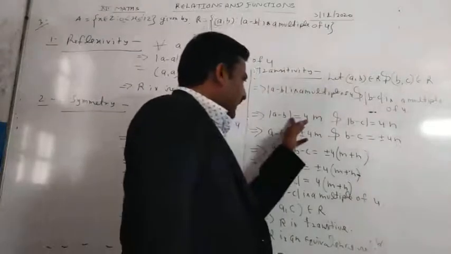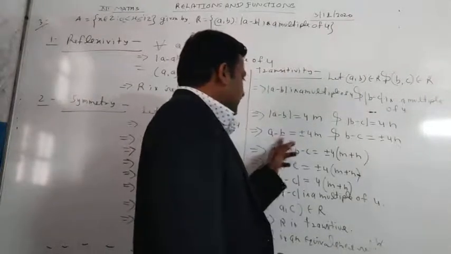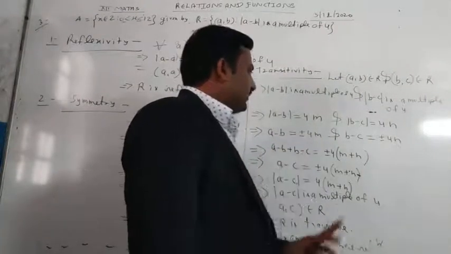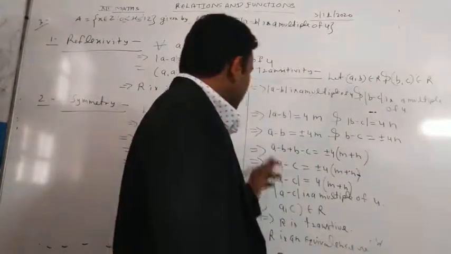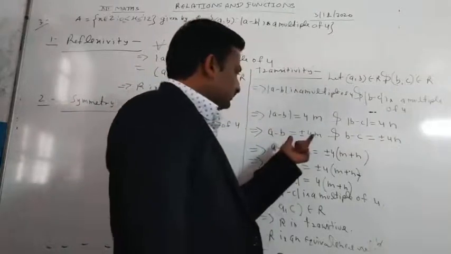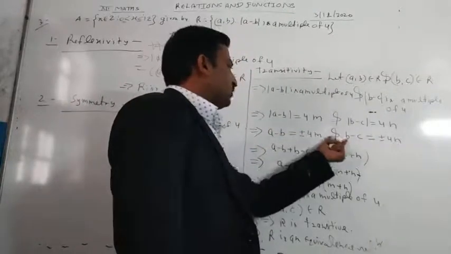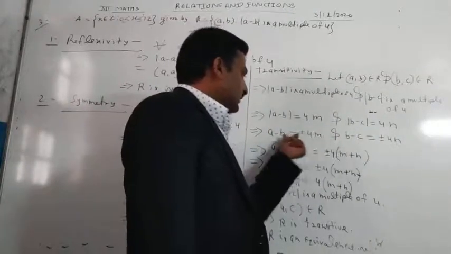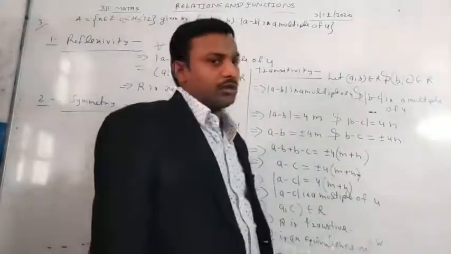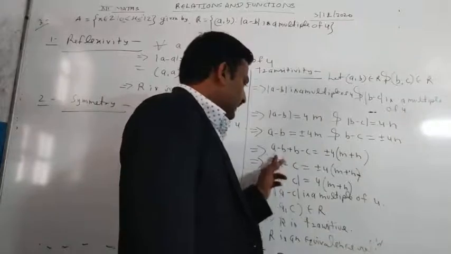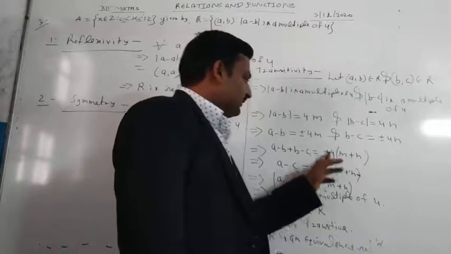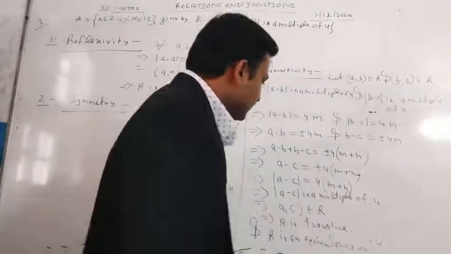Now we remove the modulus sign again. A minus B is equal to plus minus 4m, and B minus C is equal to plus minus 4n. Now we add the left hand side to the left hand side and the right hand side to the right hand side. B and B cancel, and we get A minus C equal to plus minus 4m plus n.